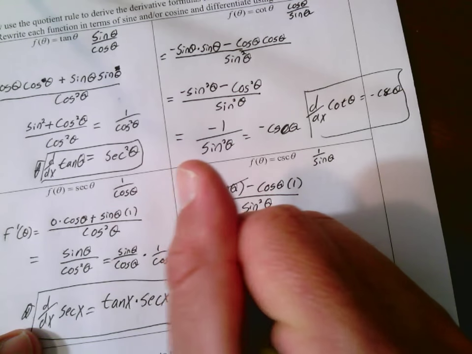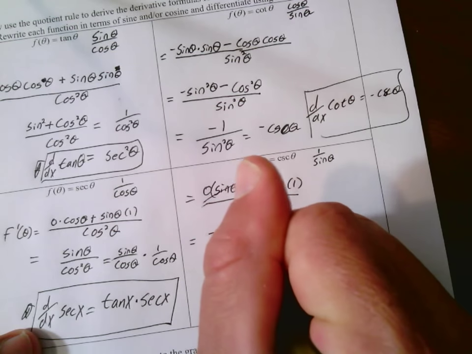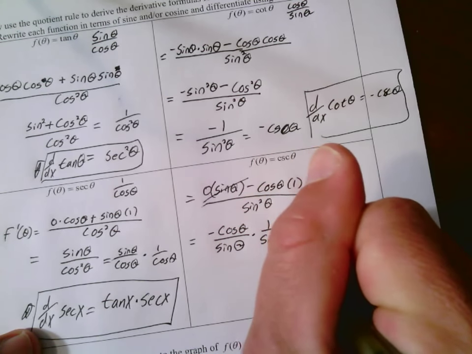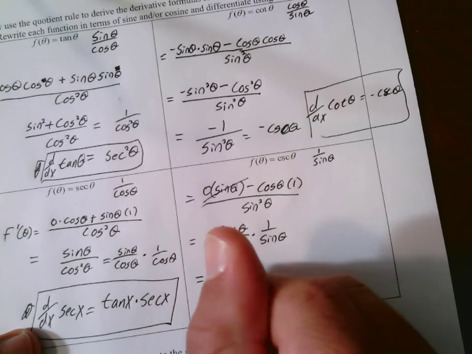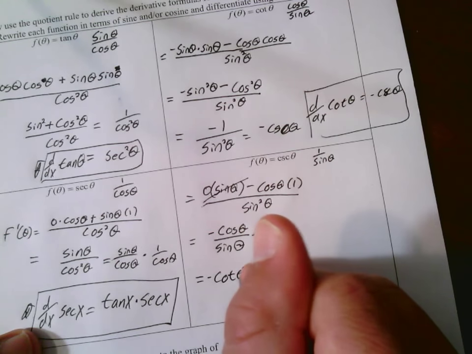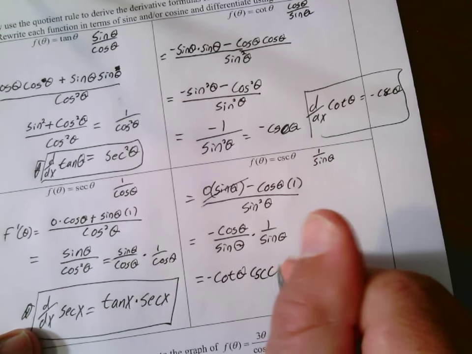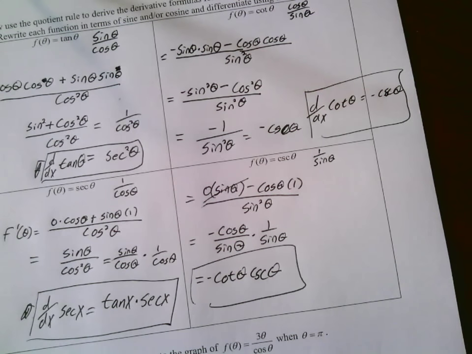I'm going to go negative cosine over sine. Cosine over sine is cotan. Cotan times cosecant. So those are the rest of your 6 trig functions.